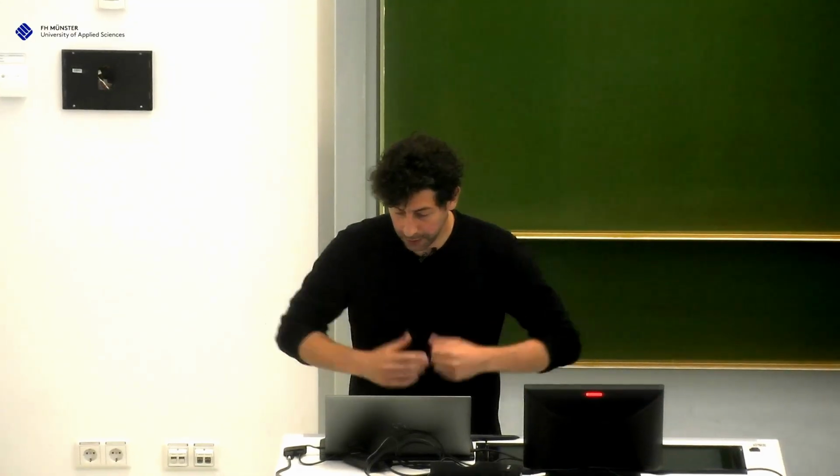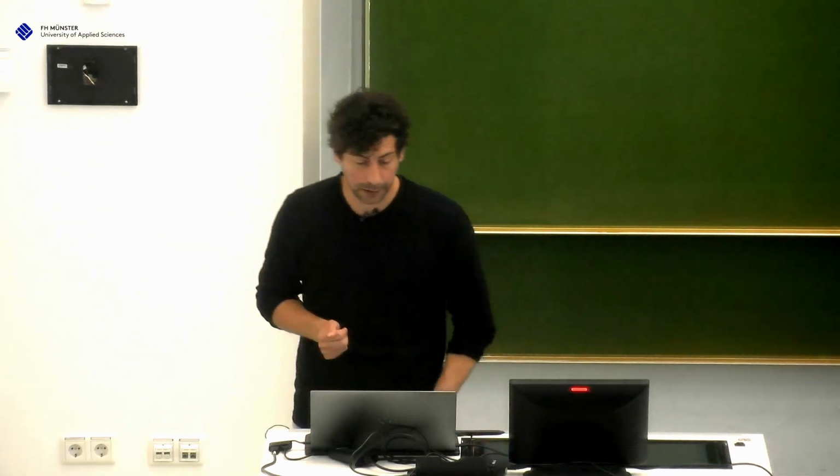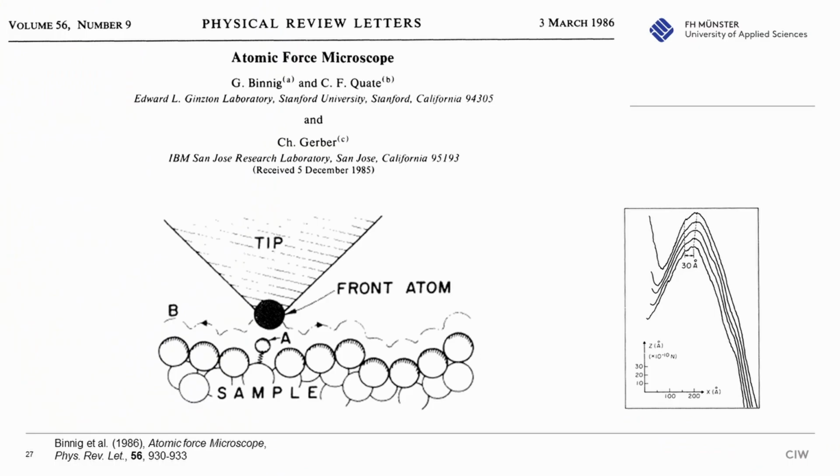And therefore, we have another family of microscopes, which was also awarded with the Nobel Prize. And this is the atomic force microscope, and the family related to it is the scanning tunneling microscope. And here, this is why I have my record player with me, you have a tip, and in the best case, you just have one atom at the top.